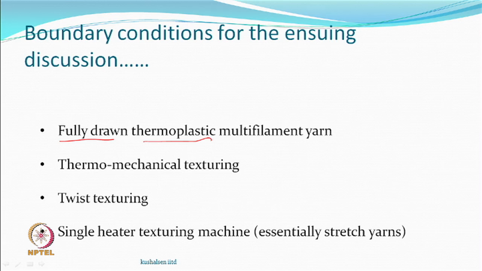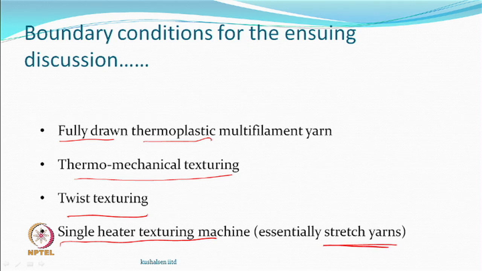Other thing is that twisting and thermomechanical texturing is the process that we are using. It is twist texturing, that means twisting, and it is a single heater machine. So, essentially first we are looking at stretch yarns, all right. Whenever you imagine anything, some statement has been made, you must evaluate the statement under these conditions, right. Not that something else cannot happen, of course, it can all happen.